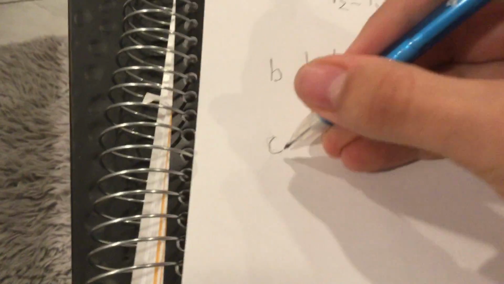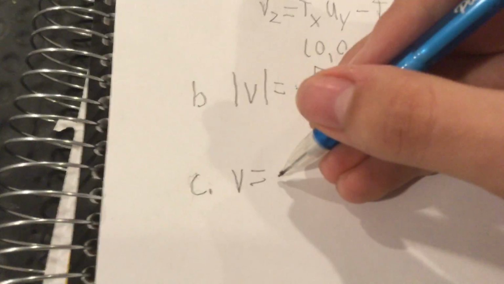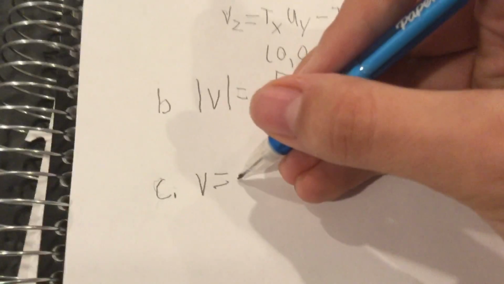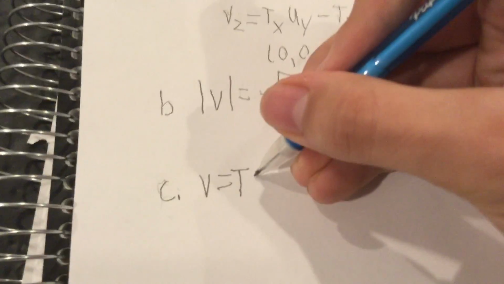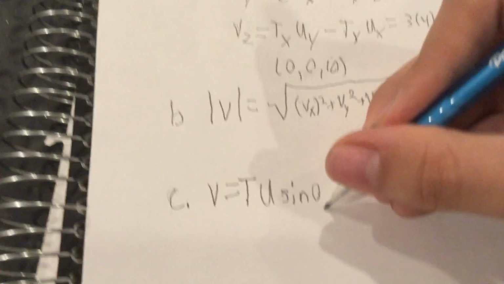Okay, so part C. We know that the magnitude for a vector, let's say v, is equal to the magnitude of vector t times the magnitude of u times sine theta tu.